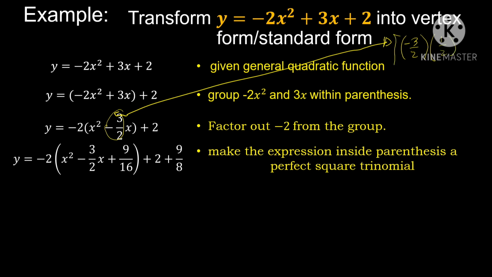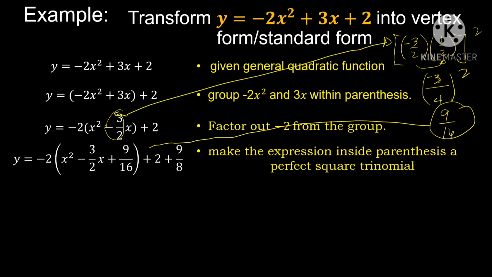Okay, then we have to square. So, negative 3 times 1 is negative 3. Then 2 times 2 is 4. Then we square that. Square of negative 3 over 4 is 9 over 16. So, this 9 over 16, yun yung inadd natin sa loob. Ayan.